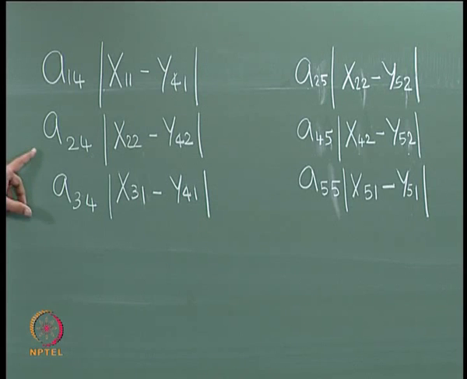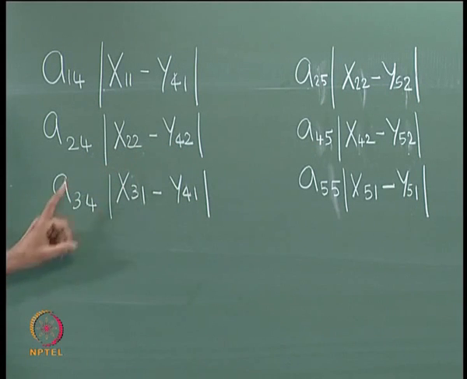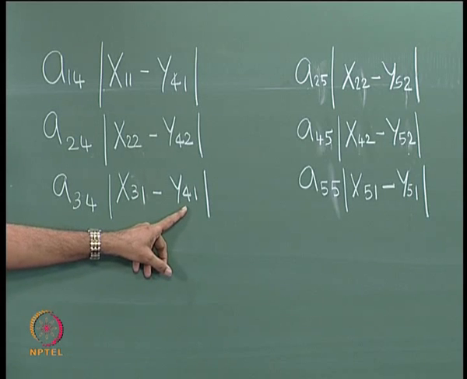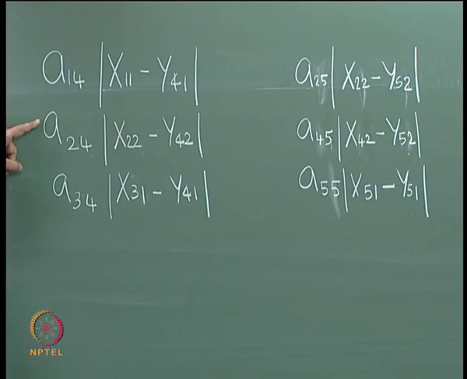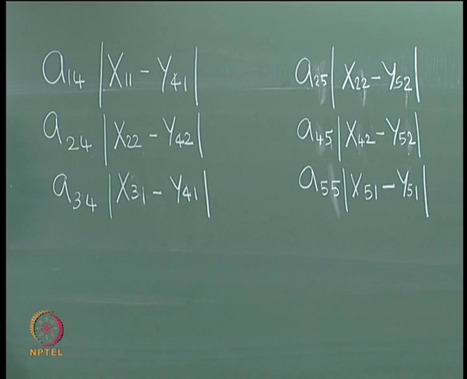It will calculate two more intercell moves, A24 into absolute value of x22 minus y42 and A34 into absolute value of x31 minus y41. Now these 3 moves come because process plan number 4 that is not chosen has 3 elements in the corresponding column.